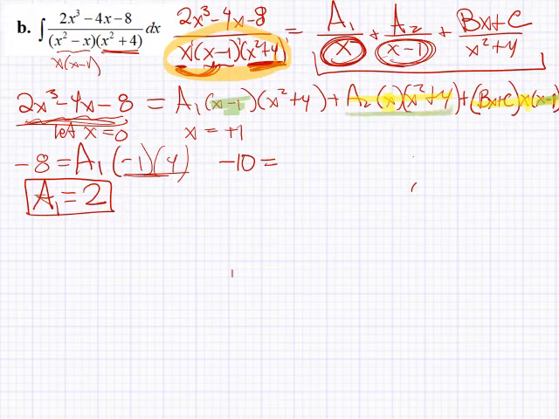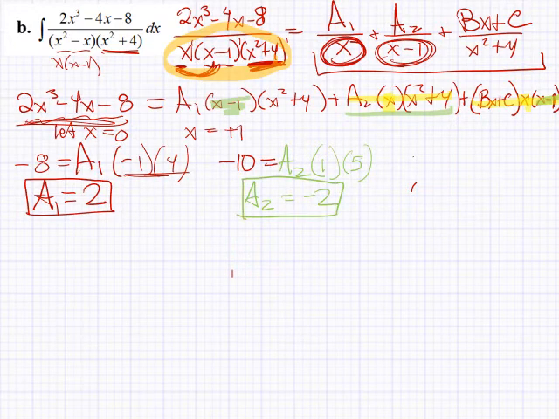So the only thing I'll be left with would be A2. So A2 times 1 times 5. And then you see you end up with A2 equaling negative 2.